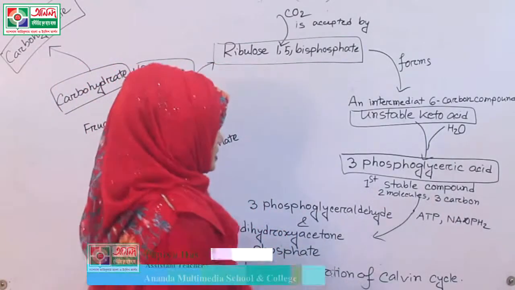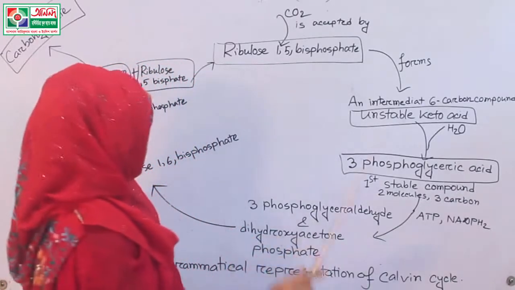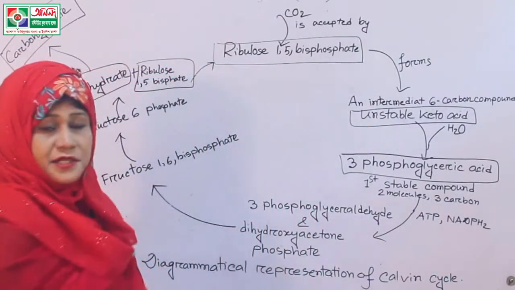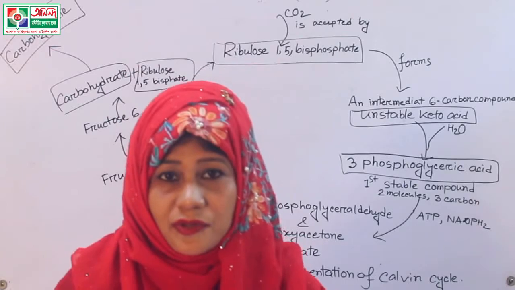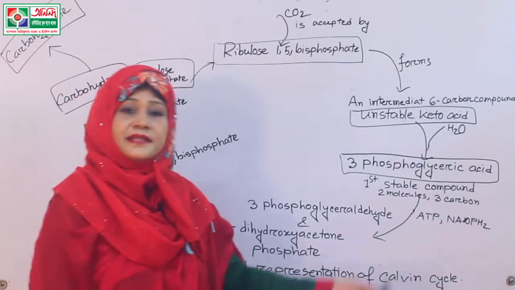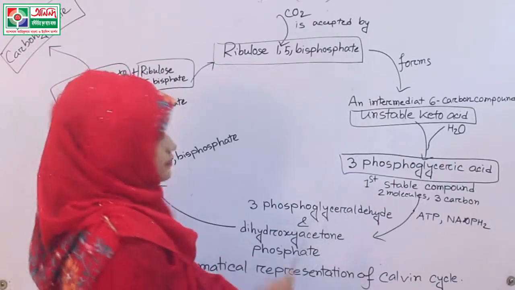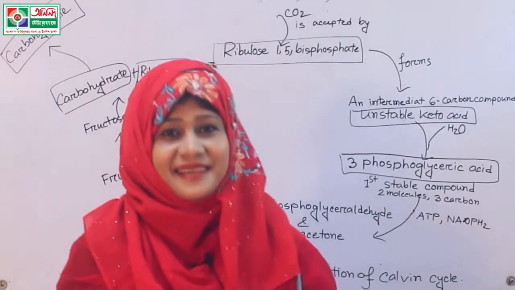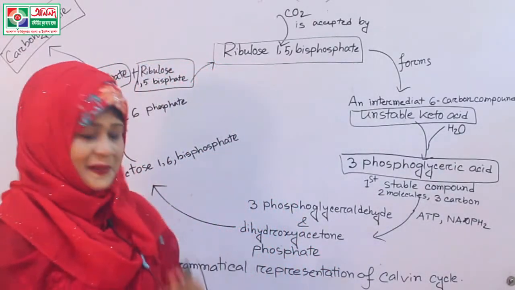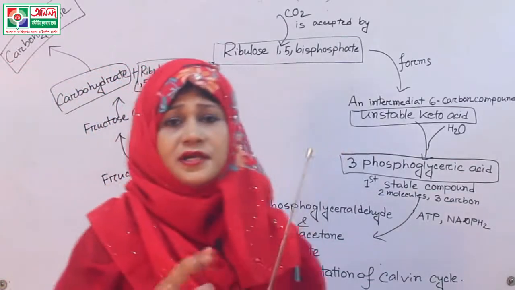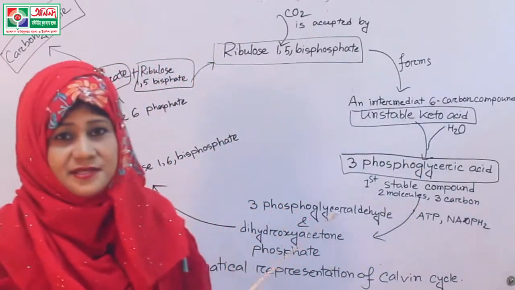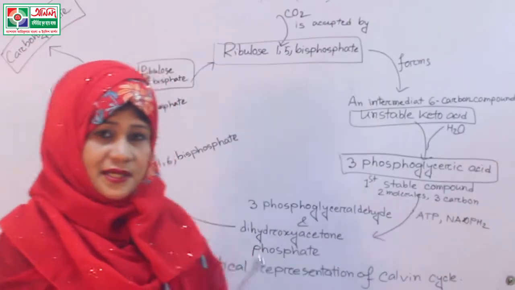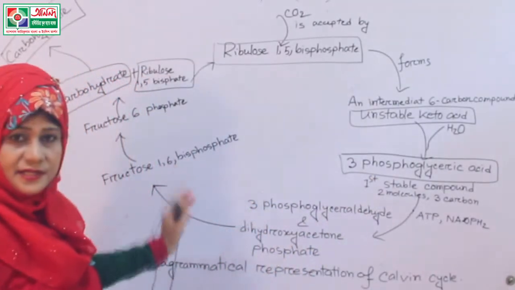Now, this is the first stable compound. That's why this cycle is also known as the C3 cycle. And using ATP and NADPH2, which were produced in the light phase, it converts into 3-phosphoglyceraldehyde and dihydroxyacetone phosphate. After a lot of consecutive chemical reactions, these two products produce carbohydrate using specific enzymes.